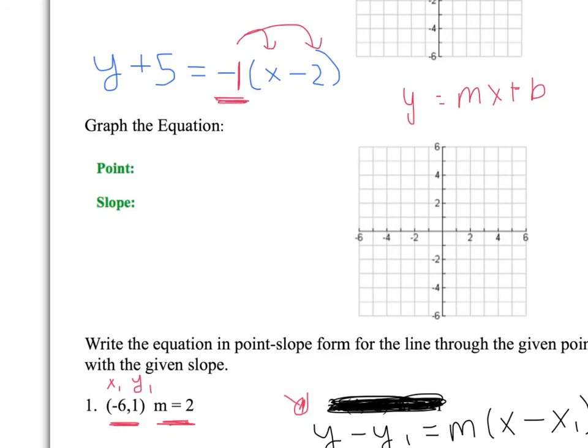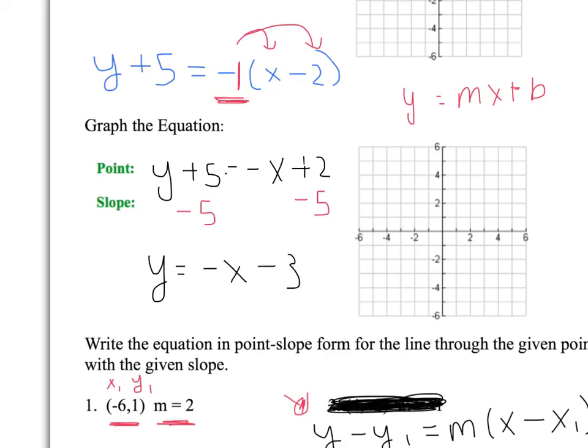So I'm going to have y plus 5 on the left side equals -x plus 2. Okay? Now finally, I'm going to subtract 5 from both sides of the equation so that I have y equals -x minus 3. I know from this equation that my slope is -1 and my y-intercept is -3.